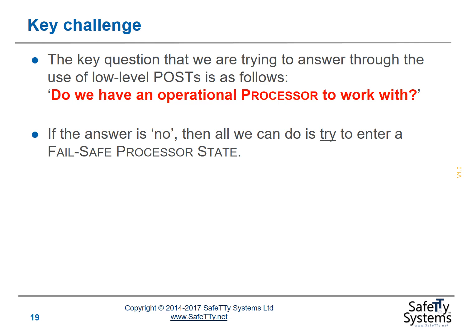The key question that we're trying to answer through the use of such low-level POSTs is as follows: do we have an operational processor to work with? If the answer is no, then all we can do is try to enter a fail-safe processor state. And you'll recall that we've been using a fail-safe processor state and beginning to implement such a state since video 2 on this course.